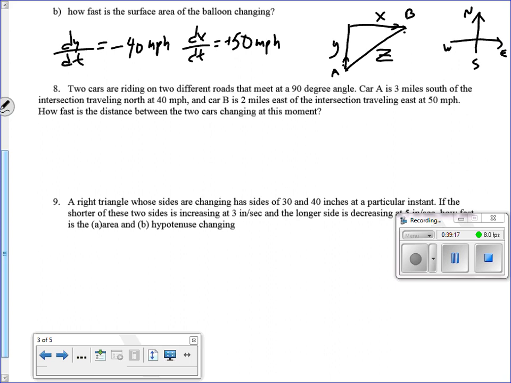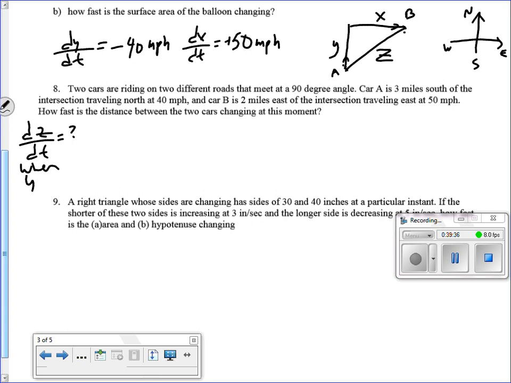And they're asking us how fast is the distance between the two cars changing at the moment when A is 3 miles south. So we're looking for dz/dt when A is 3 miles south.